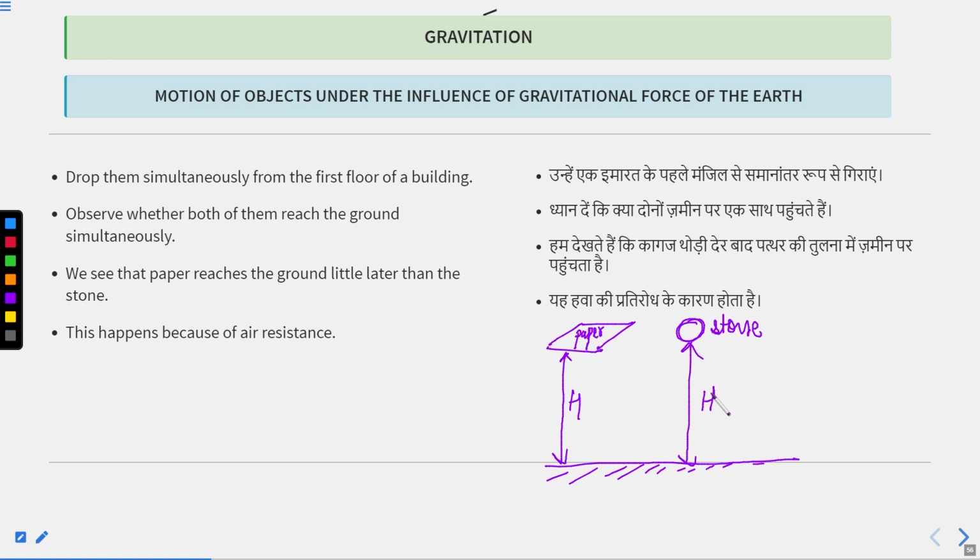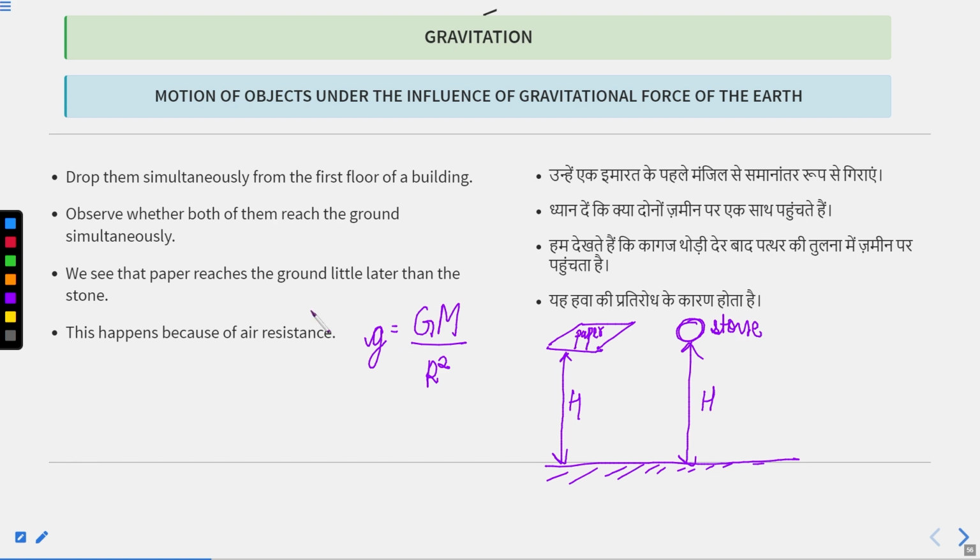And you know that the value of gravitational acceleration is independent of the mass of the object. So you know that both of the objects will reach the ground simultaneously, or at the same time.